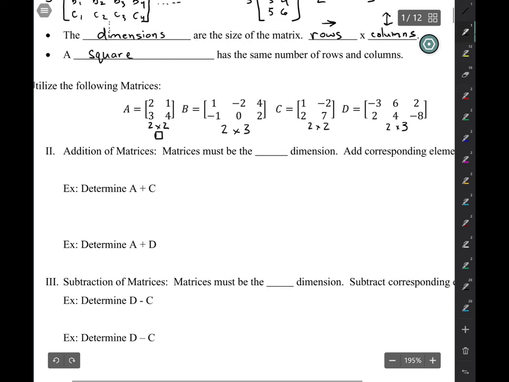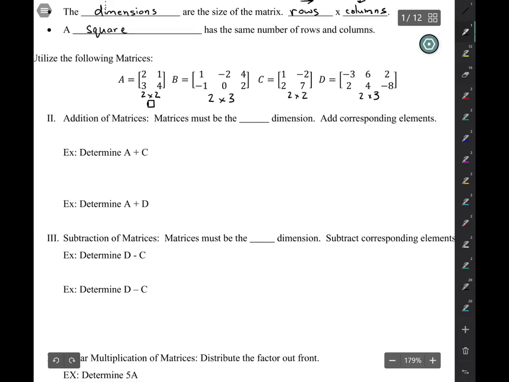Okay, addition. Matrices must be the same dimensions in order to add or subtract. And it's really pretty simple. So if we want to add matrix A and C, A is 2, 1, 3, 4, and we want to add that to the other matrix, 1, negative 2, 2, and 7, pretty simple.